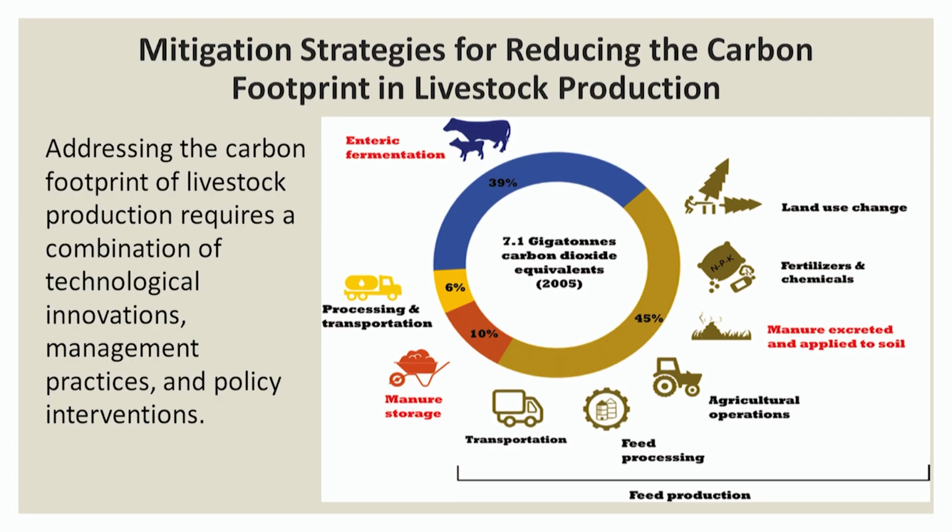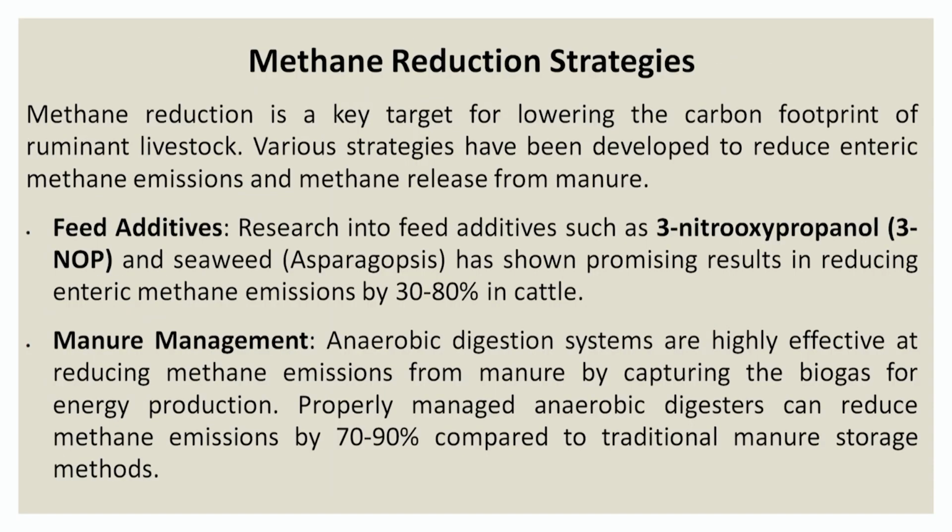Addressing the carbon footprint of livestock production requires a combination of technological innovations, management practices and policy interventions. Methane reduction strategies: methane reduction is a key target for lowering the carbon footprint of ruminant livestock.